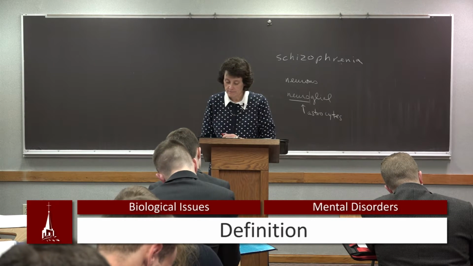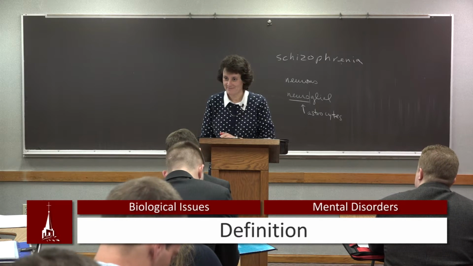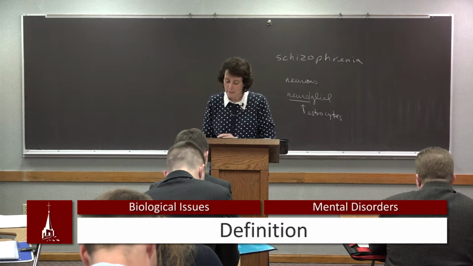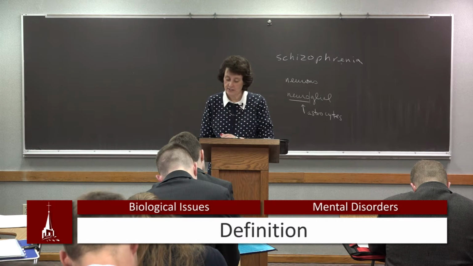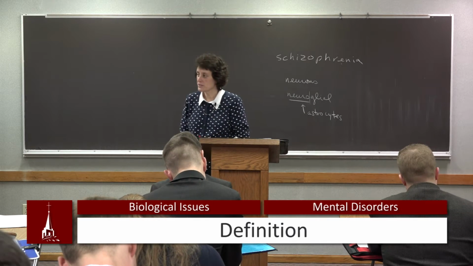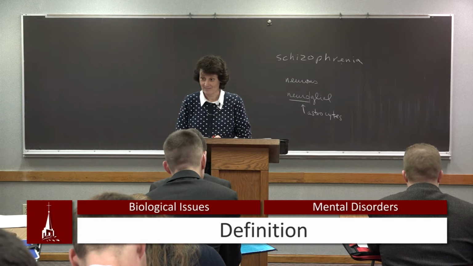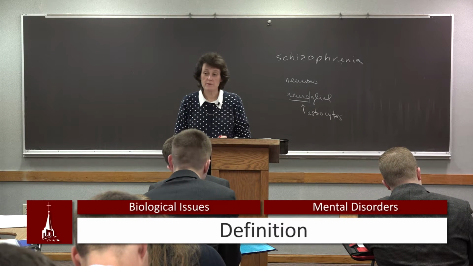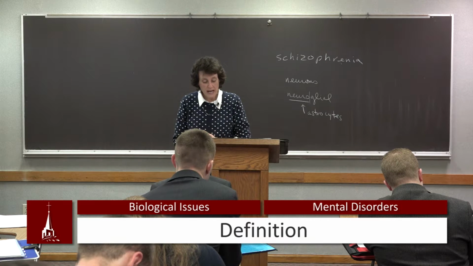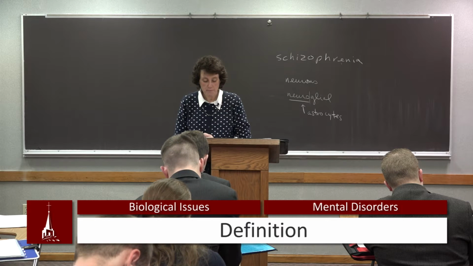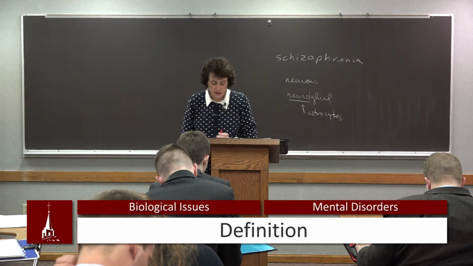Now, of all of those, dementia has a physical cause, and I would call that an illness. Most of the time dementia is due to aging or deterioration of the brain. So we have the most common: clinical depression, bipolar disorder, schizophrenia, anxiety disorder, and dementia.